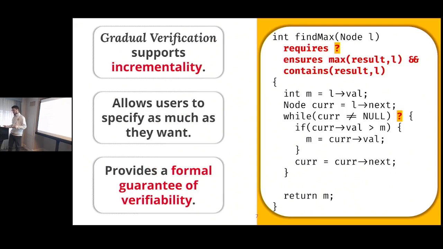With gradual verification, developers can avoid the costs of static verification, but at the same time, you can also choose to just leave things blank, leave it as an imprecise state, as you can see with the question mark there. Gradual verification will provide feedback on any specification increment, statically where possible, and dynamically when necessary.